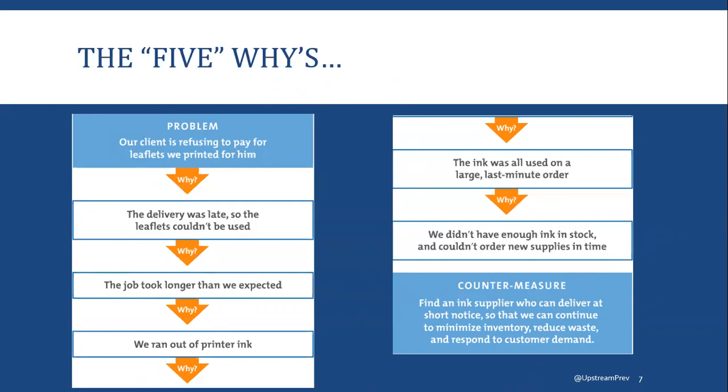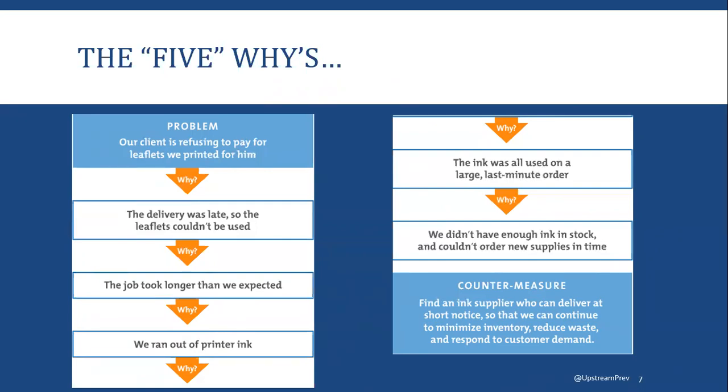So for this problem, where their client is refusing to pay for leaflets that they printed for them, one of their ways to avoid this in the future is to find an ink supplier who can deliver at short notice, so that they can continue to keep low inventory, reduce waste, and still respond to customer demand.